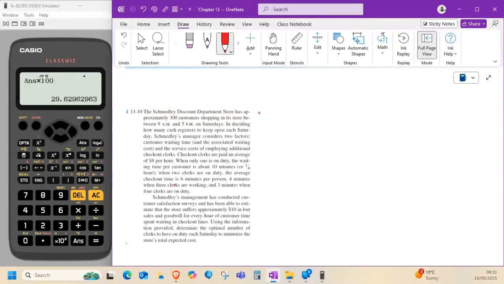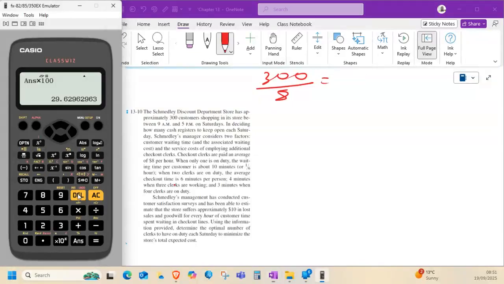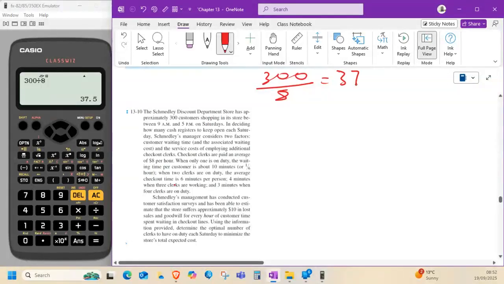So there are 300 customers, and even without knowing what is happening here, by just looking at the situation, you should be able to say you are having 300 customers per 8-hour shift. Therefore, that could easily be 300 divided by 8, so you have approximately 37.5 customers in the store per hour.